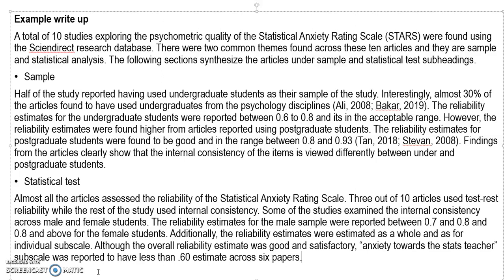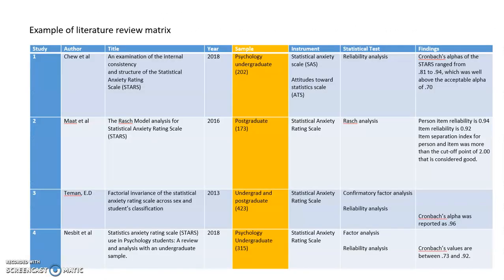So you actually extract information that are the same across these different studies. And so in order to see what is actually happening in the field and what is actually common across the papers or different across the papers, you need to organize all this extracted information into a single table of what we call a literature review matrix.